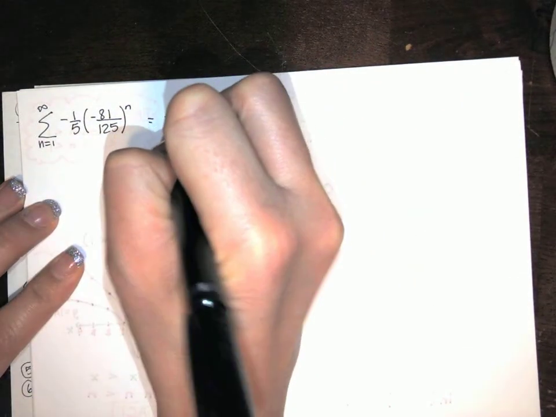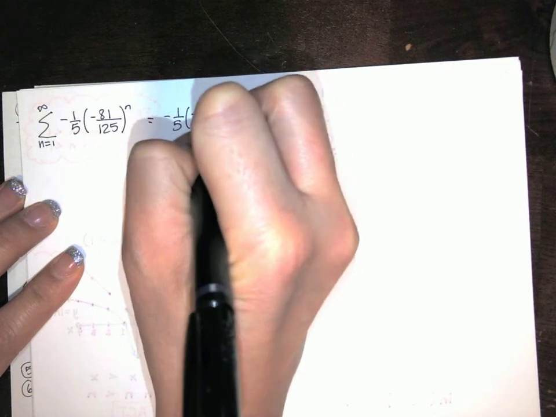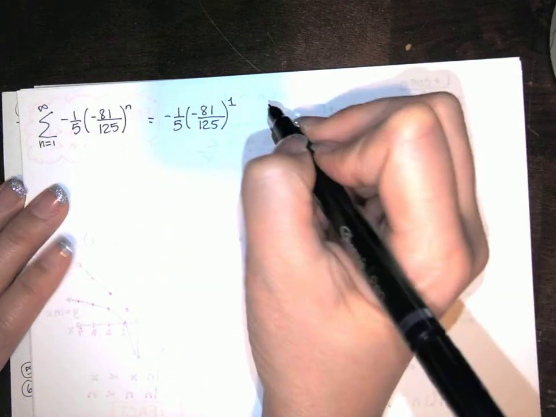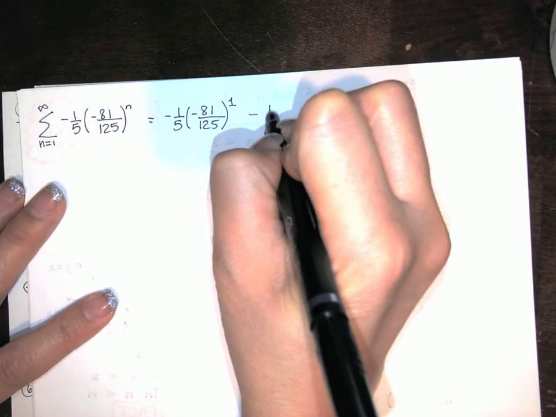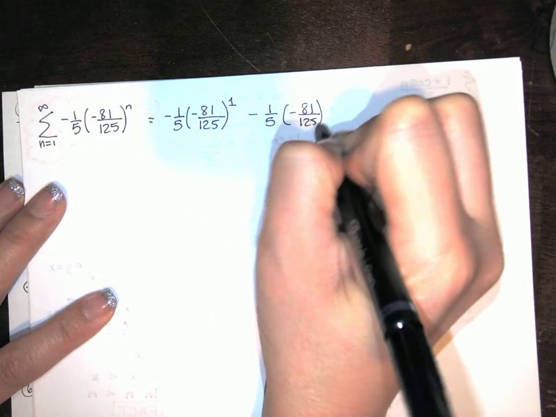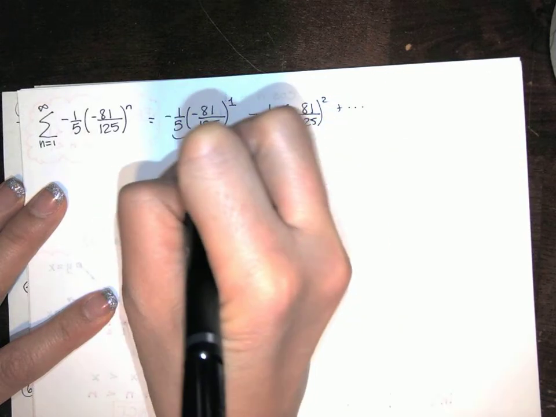The first term is just this expression evaluated at n equals 1. And then, of course, when n equals 2, we get the next term. And so on. So this is a.